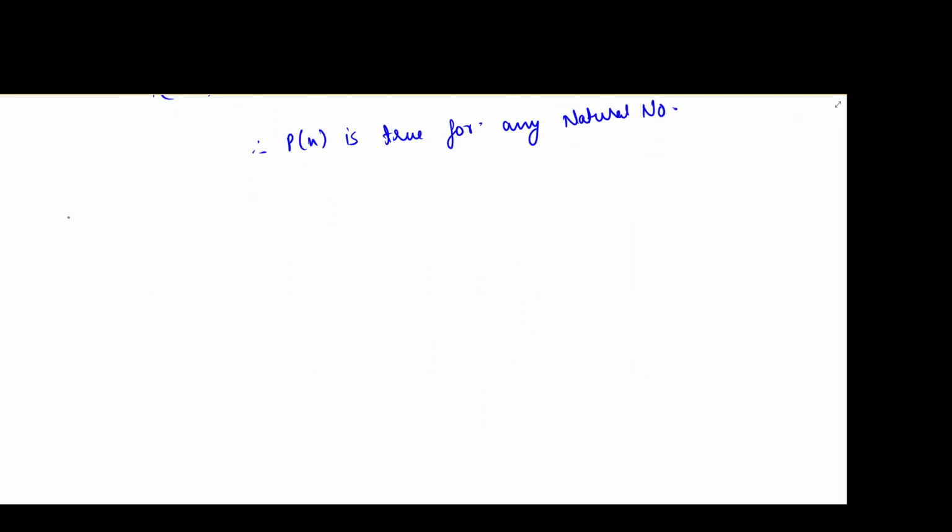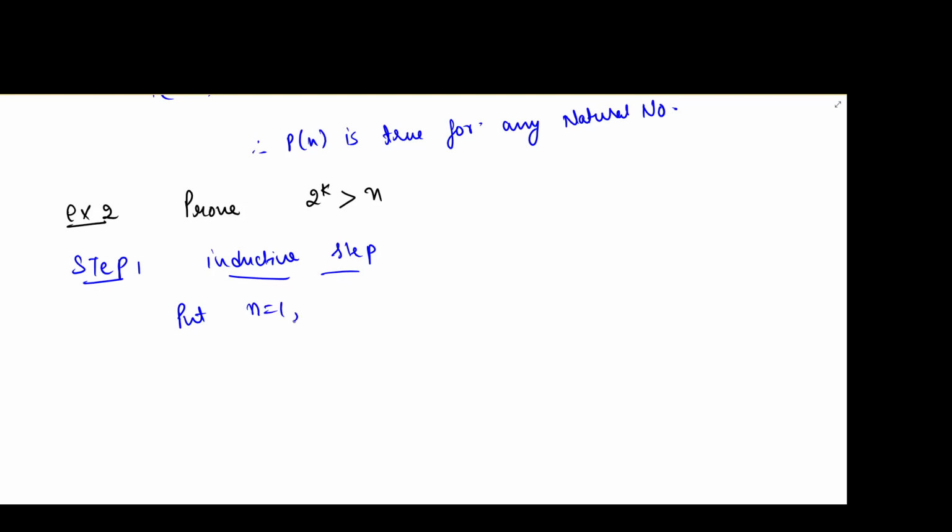Let's take another example. Example 2: we have to prove 2 to the power n is greater than n. Step 1 is the initial step. Put n equal to 1. So 2 to the power 1 is greater than 1, which is true. Therefore P1 is true.